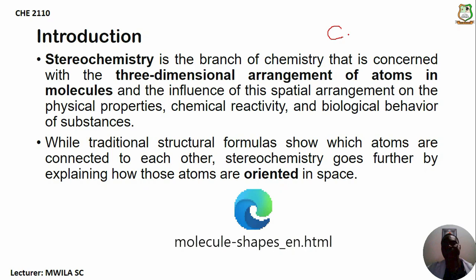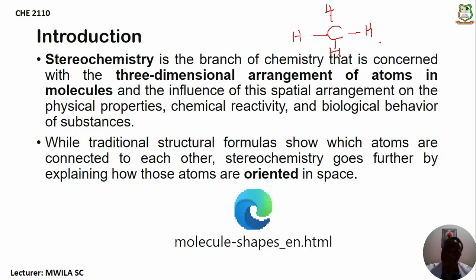Then we have 4 hydrogens connecting to this carbon. So that is our hydrogen. This is our second hydrogen. This is our third hydrogen. And lastly, we have our 4th hydrogen bonded to the carbon.